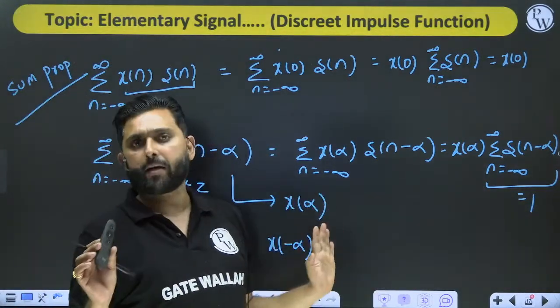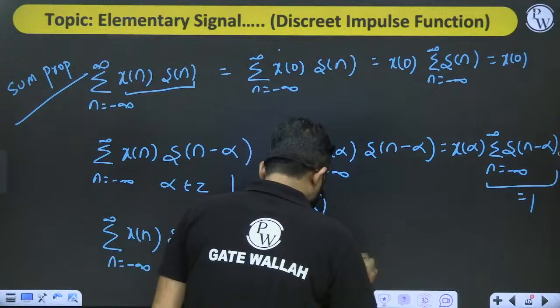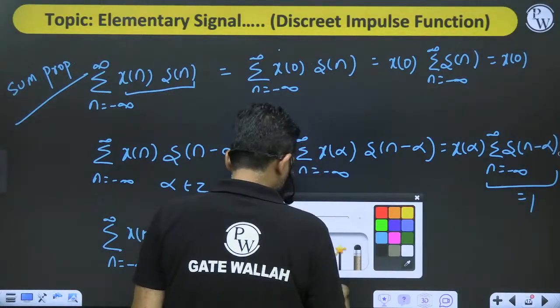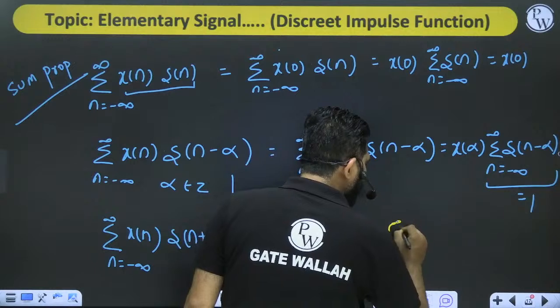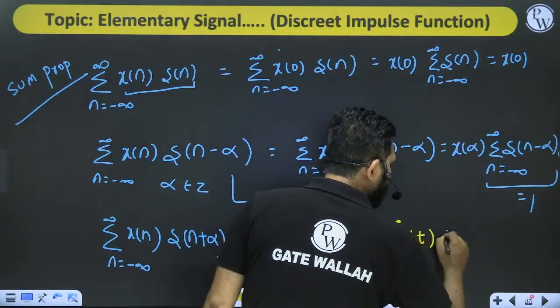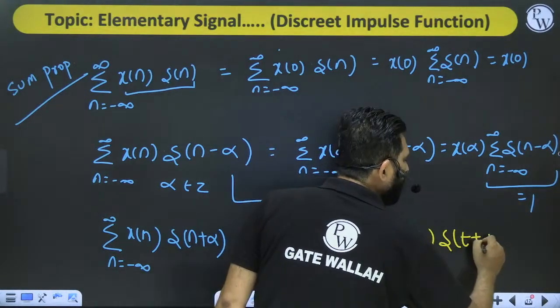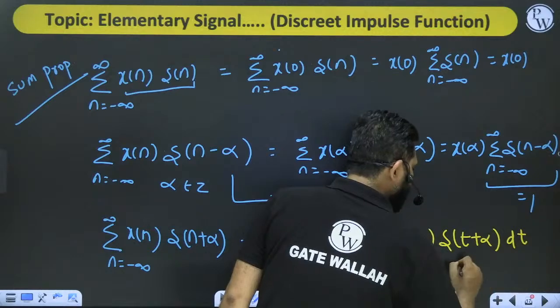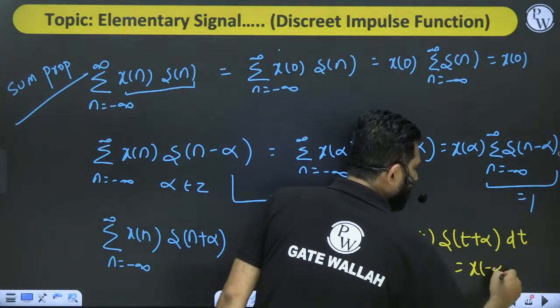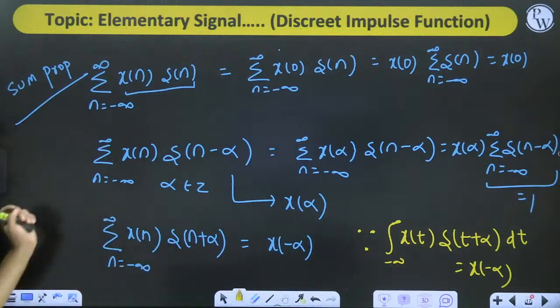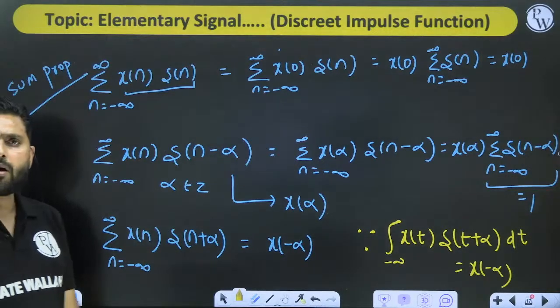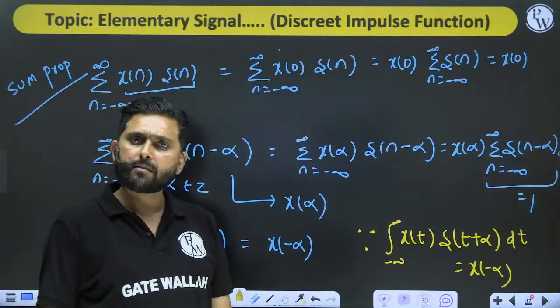What was the area property? Integral from minus infinity to infinity of xt delta t plus alpha dt is x minus alpha. Same property. The only change is that integration is replaced by summation.